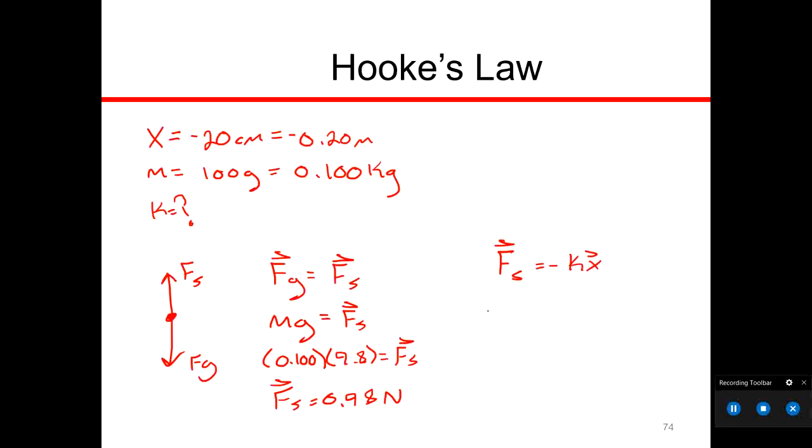Okay, so we have 0.98 is equal to negative k times negative 0.20. And from that, if we rearrange and divide by our 0.2, we get a k of 4.9 newtons per meter. So this virtual spring requires 4.9 newtons of force for every meter that you want to move it.